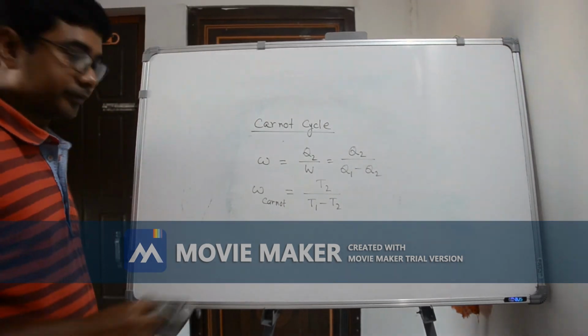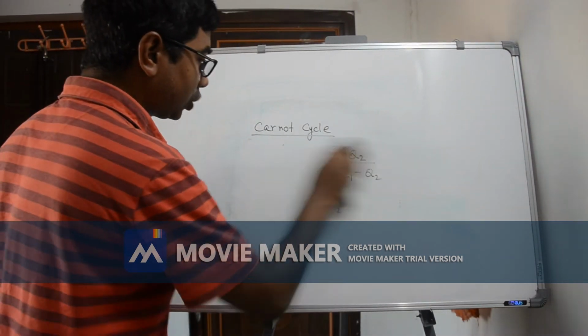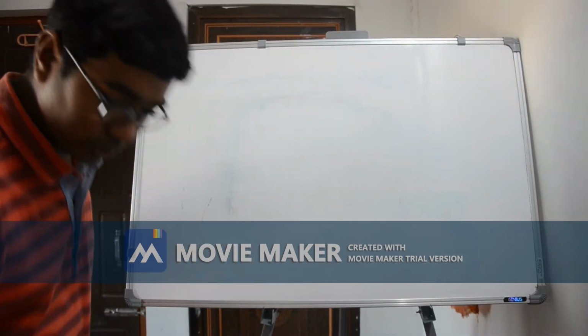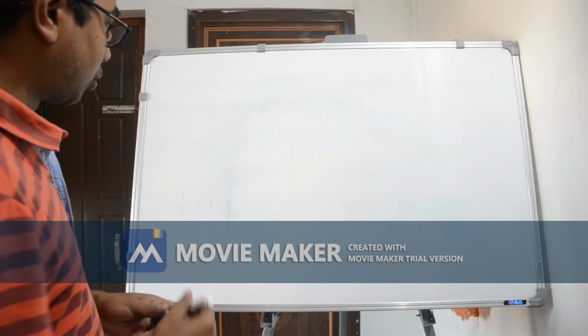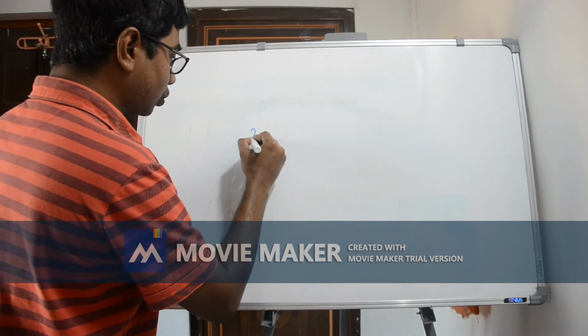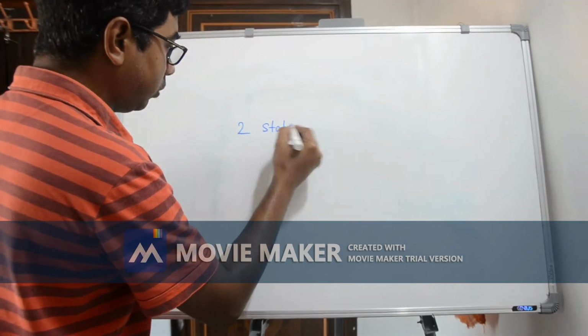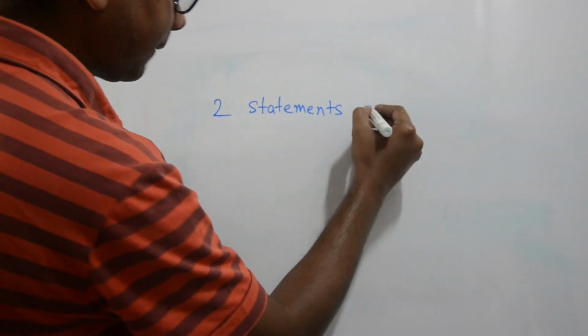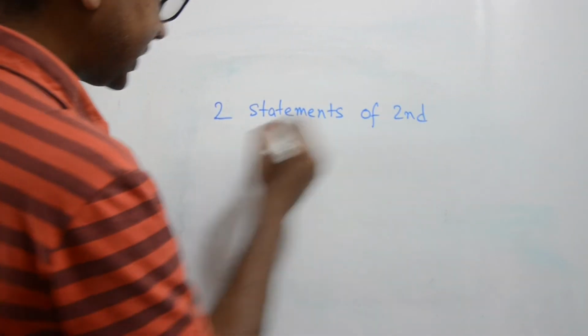Now let's talk about the two statements of the second law of thermodynamics which will come into play. There are two statements which actually look different, but they are basically the same.